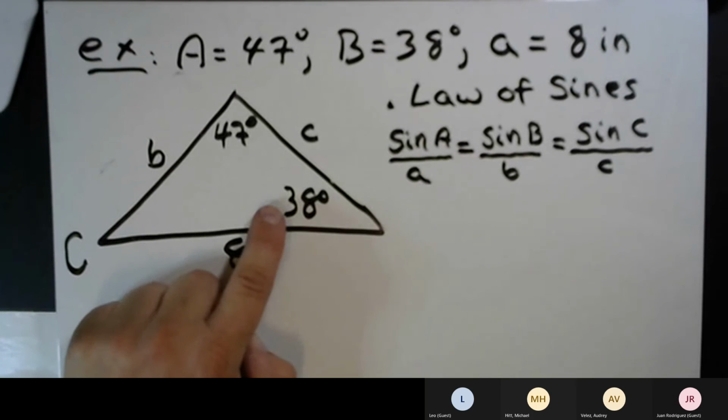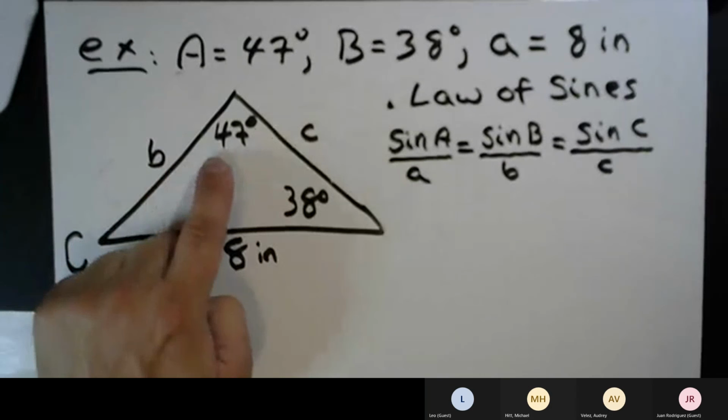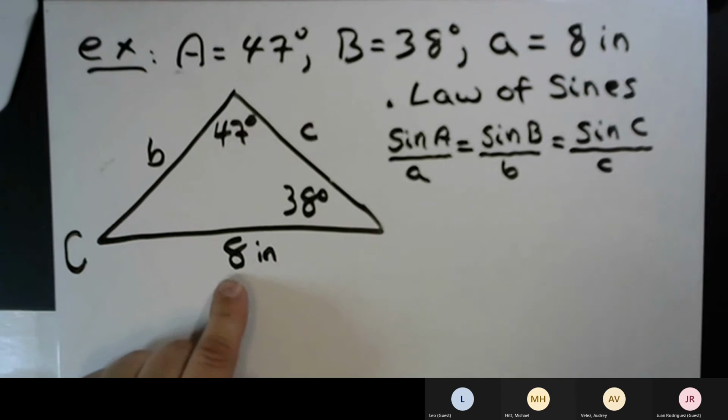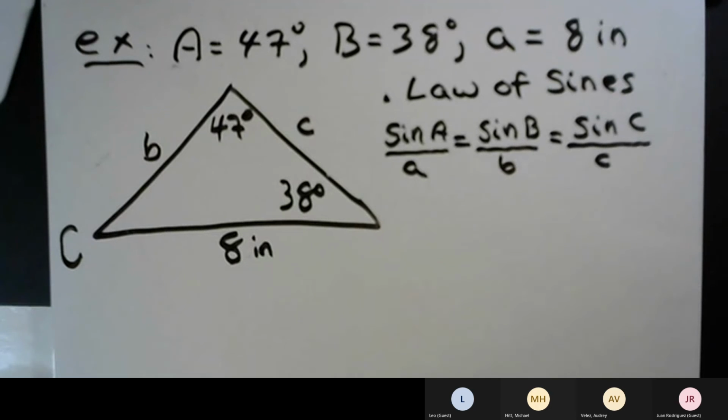We know the angle B, and we're missing the side B. We know the angle A, and we know the side A. So we want an equation that has one unknown.